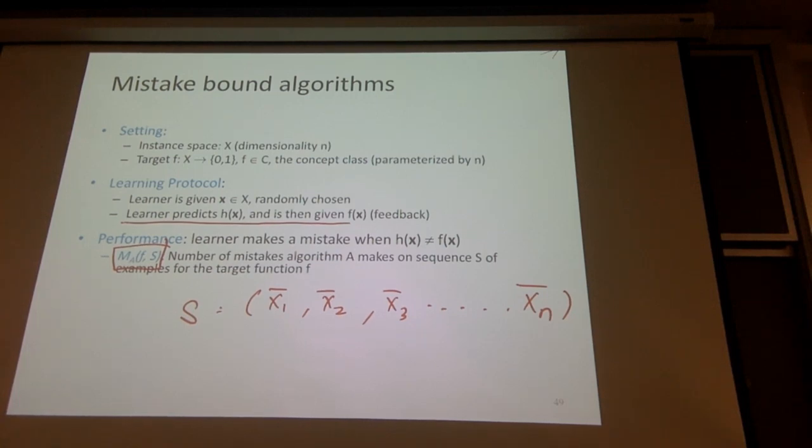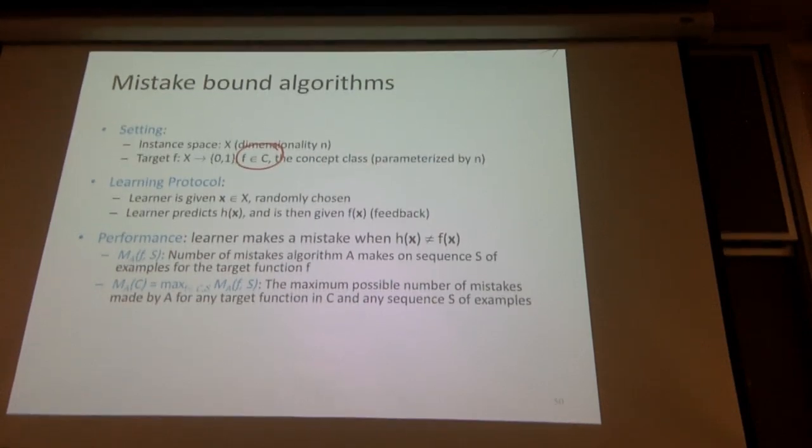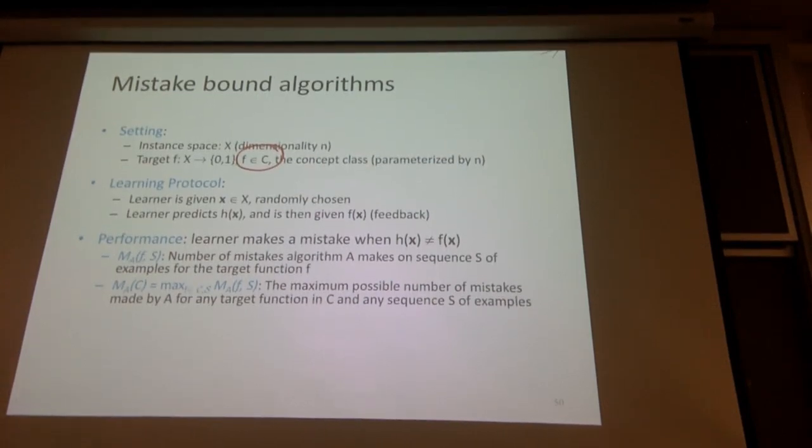This should not be a confusing definition. Now, I can generalize this to the entire concept class. Suppose M_A(f, S) is the number of mistakes made by the algorithm A for the function f on a particular sequence S. Now, suppose we have the entire concept class C that consists of many functions.